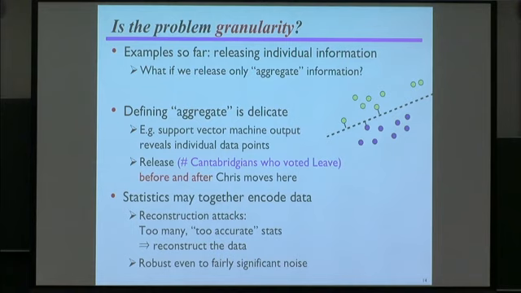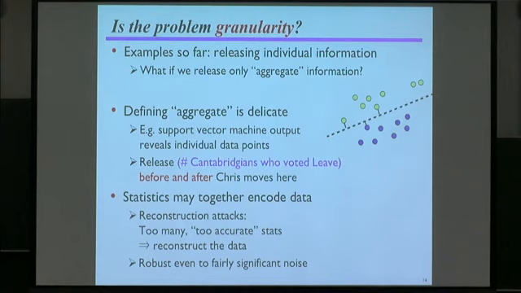All right. So this is a very simple example, but there are much more interesting examples of how statistics taken together can encode a fair amount of data, and can encode essentially an entire data set. Attacks that take advantage of that are sometimes called reconstruction attacks.